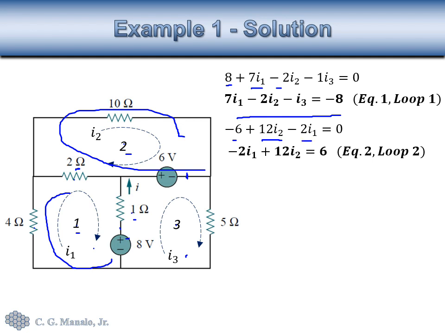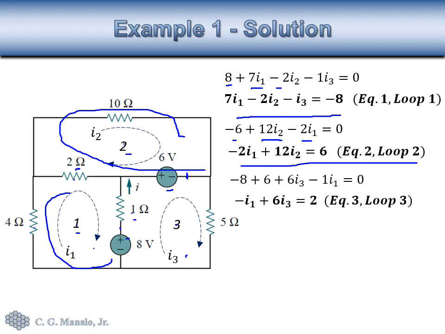Okay, we didn't include minus 6I3 because this one is not a resistance. So therefore, this is equation number 2.